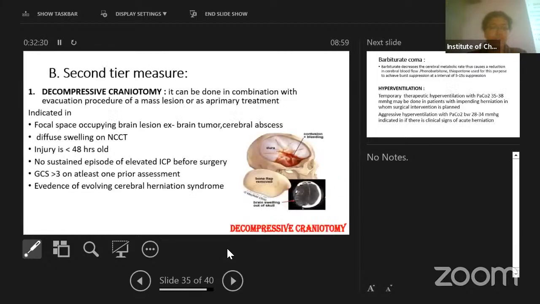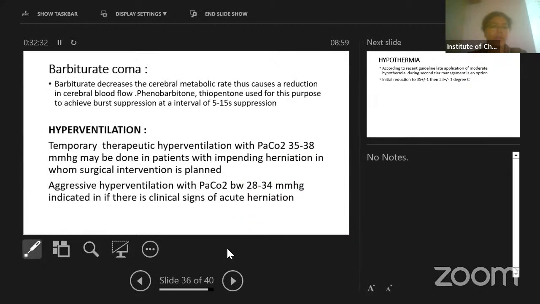In case of impending cerebral herniation syndrome, hyperventilation should be done with PaCO2 35 to 38 millimeter of mercury, in those in whom surgical intervention is planned.